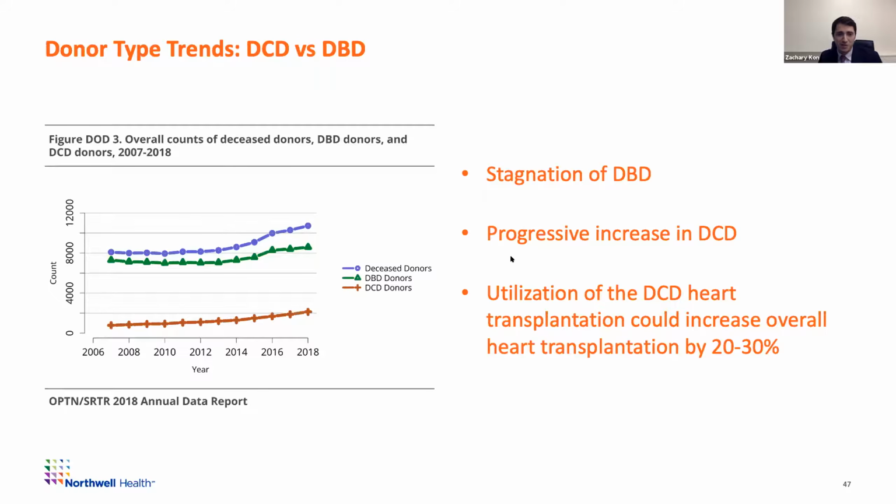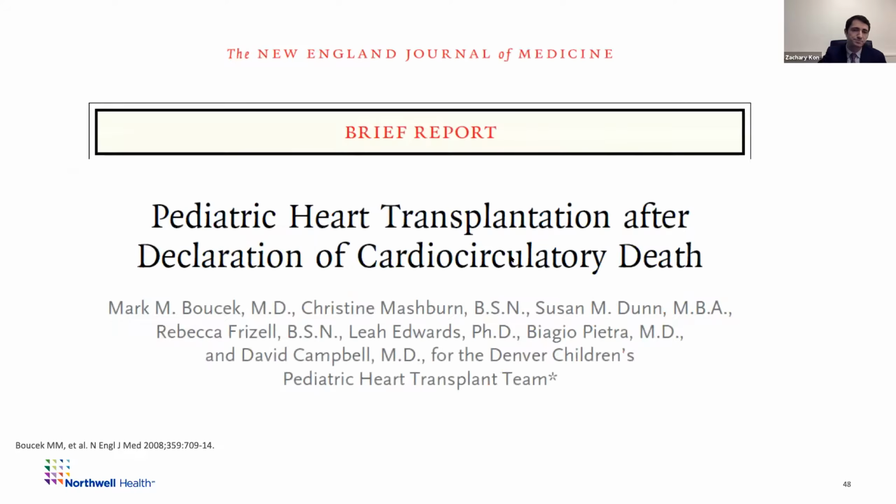And I will not plagiarize and give credit to the Duke folks for having done this work, but in their paper, they estimate at least a 20 to 30% increase in the potential total volume of heart transplantation with utilization of DCD. So it's a pretty significant contribution that's entirely untapped in hearts.